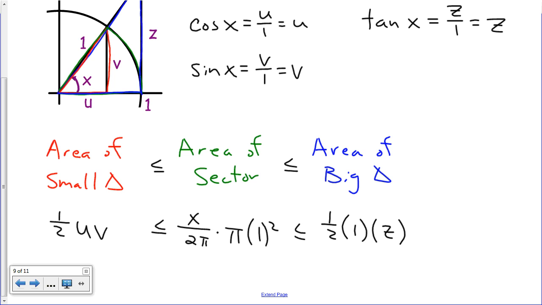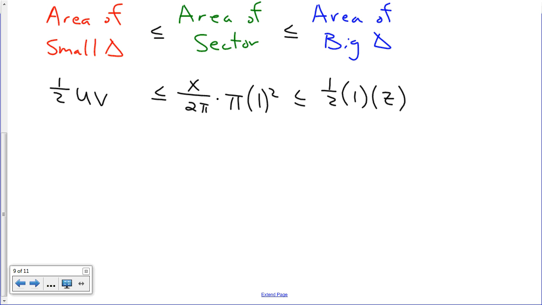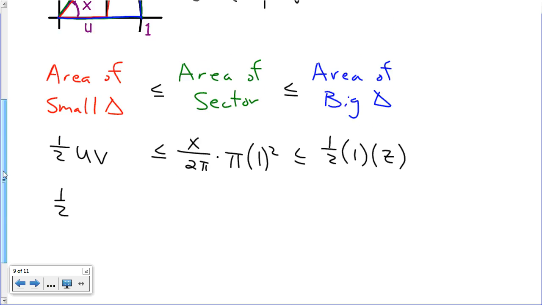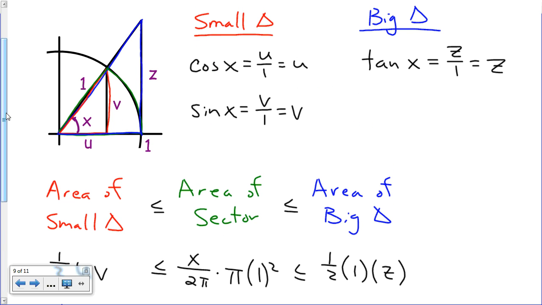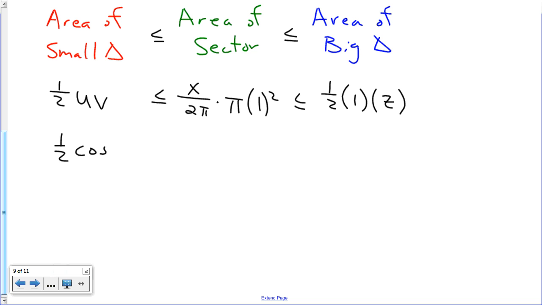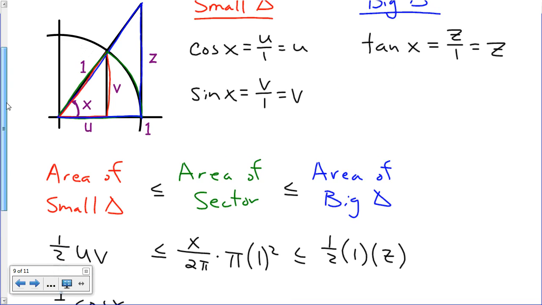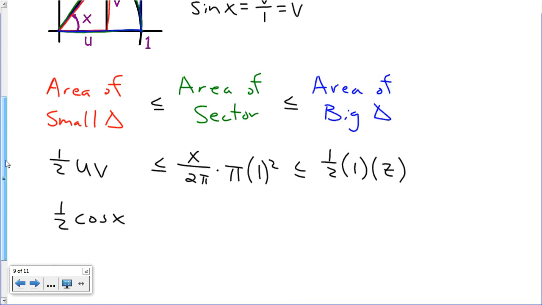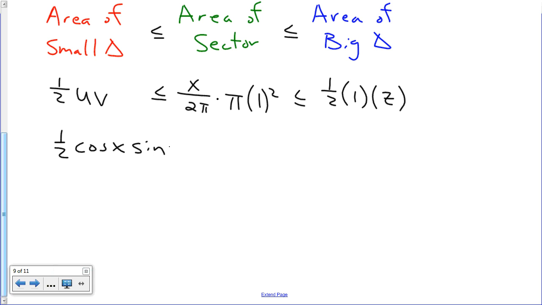Now let's fill in what u and v and z are equal to based on the work that we just did. If you go back up here, we said that u was equal to the cosine of x. So let's replace u with the cosine of x. And we said that v was equal to the sine of x. So we have 1/2 the cosine of x times the sine of x. And that's less than or equal to, we'll just simplify this here in the middle.